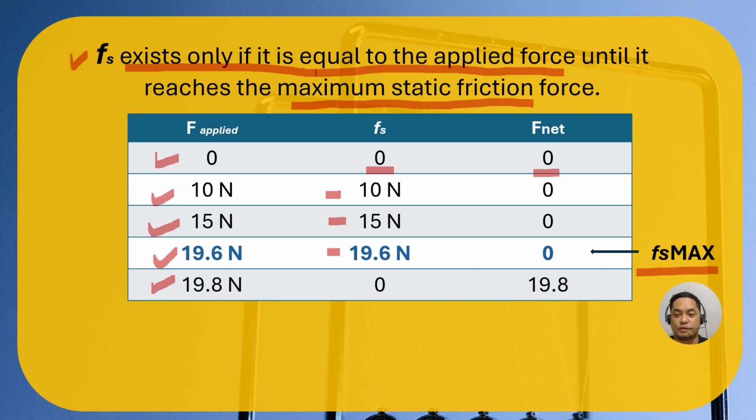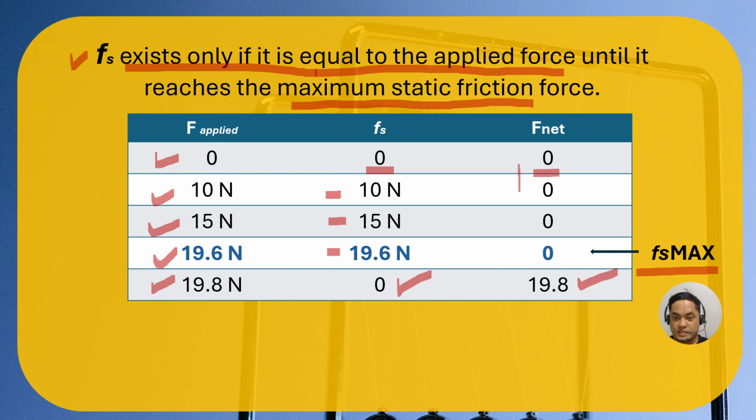The maximum value or magnitude of our Fs is only 19.6. More than that, the object will now move. And if you notice, our Fs now becomes 0 because the object is moving. There is a greater Newton being applied, and you have to subtract it. 19.8 minus 0, that's 19.8. So there is now a net force, meaning the object is moving.